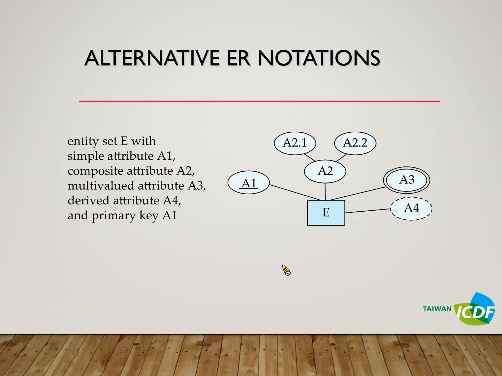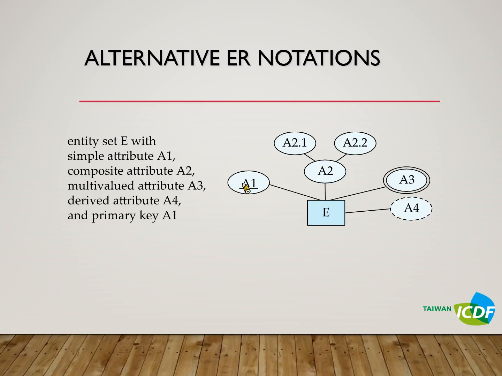In order to make everyone understand more about alternative ER notations, I will spend a little time to introduce this part. In alternative ER notations, rectangles still denote entities, and ovals denote attributes.